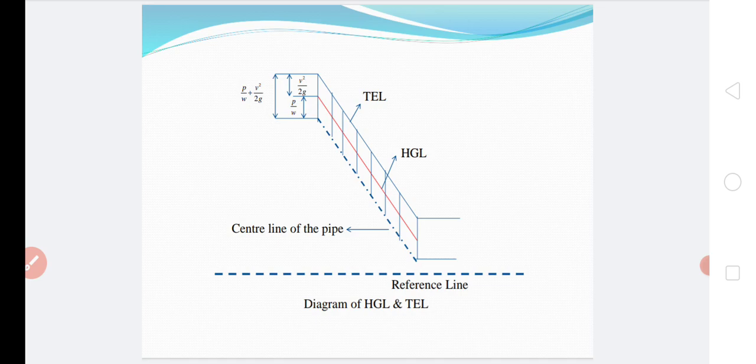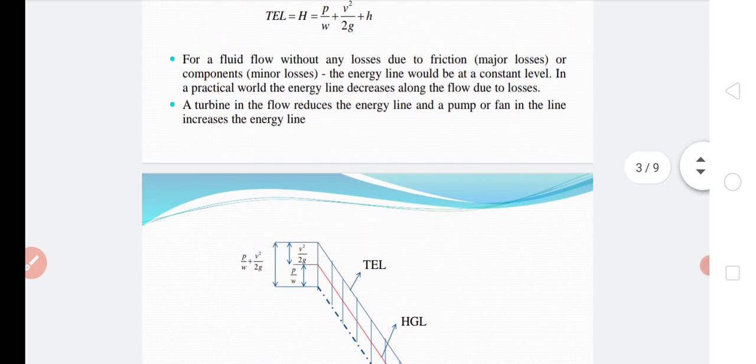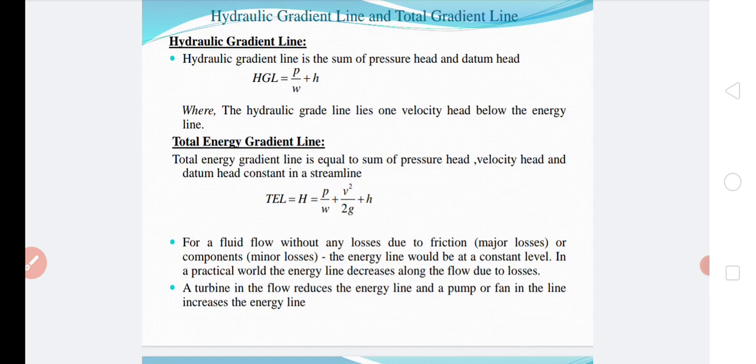Apart from this center line of the pipe, the red line is the HGL, that is P by W, the pressure head, and from the reference line to the center line of the pipe is H. So we can easily say that this is the summation of pressure head as well as datum head, that is H. The hydraulic gradient line lies one velocity head below the energy line.